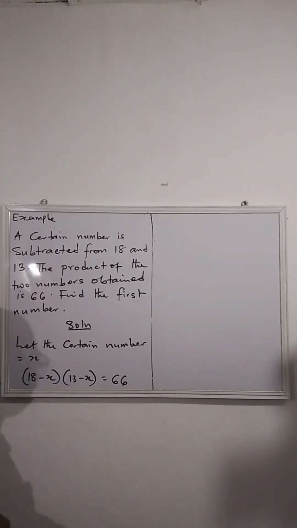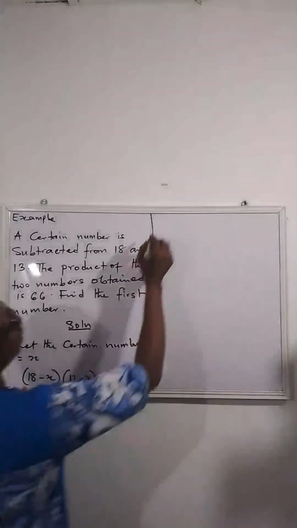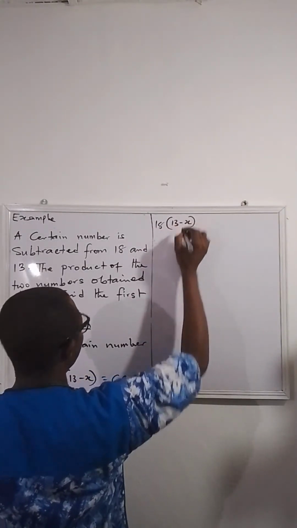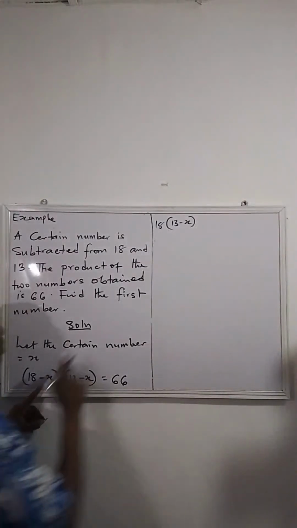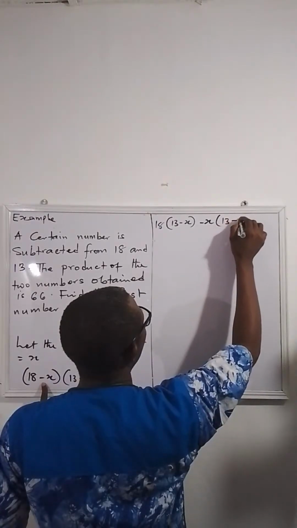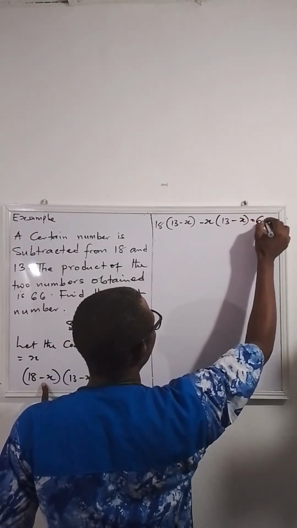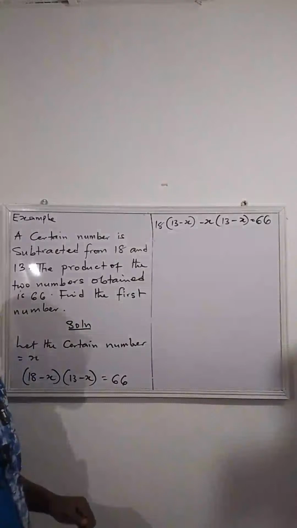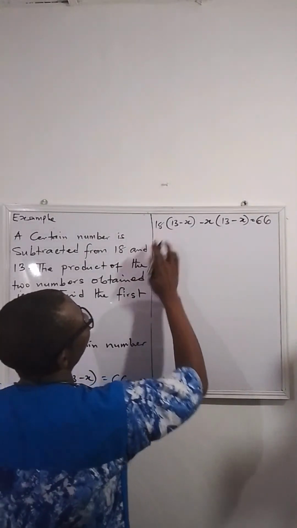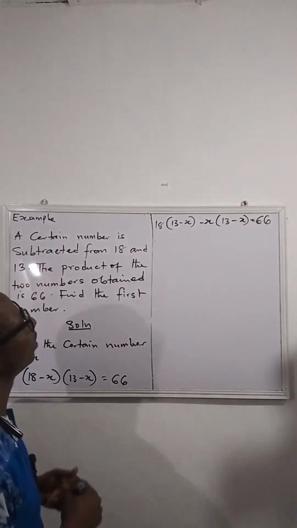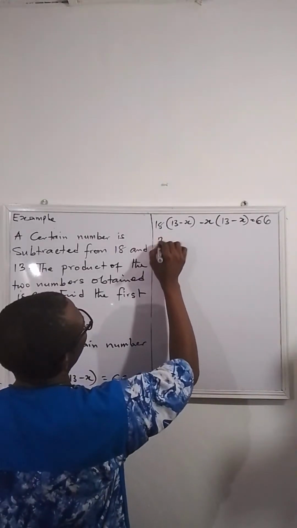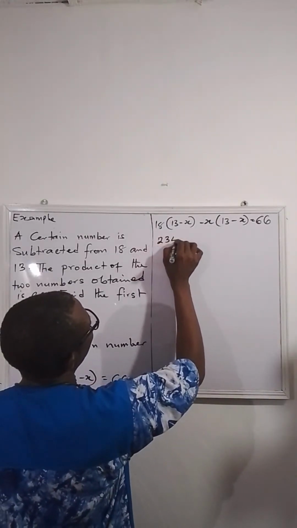The next thing is to expand. Now you have 18 times 13 minus x, and you pick the second one, minus x times 13 minus x, equals 66. Can we open the bracket now? 18 times 13 is 234.